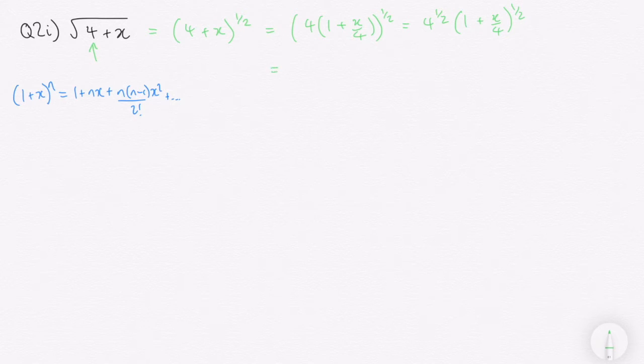Well, 4 to the half is 2. So this is 2 lots of 1 plus x over 4 to the half. And now we can use our binomial expansion with n is equal to a half, and in the place of x we have x over 4.